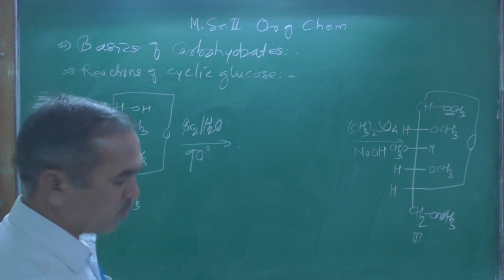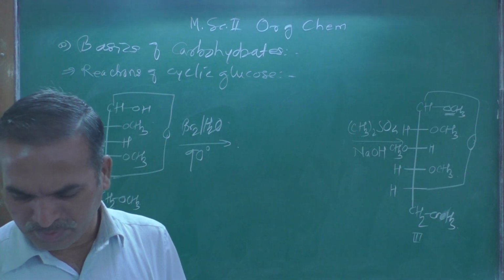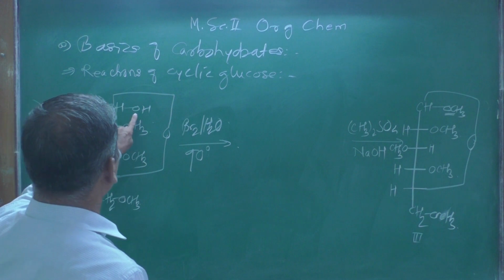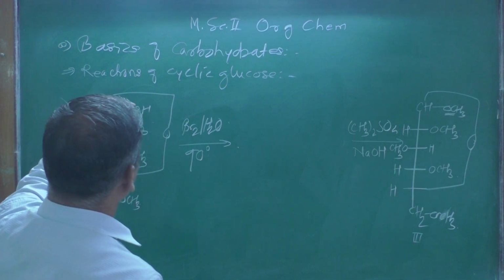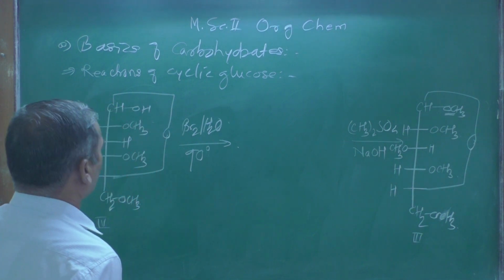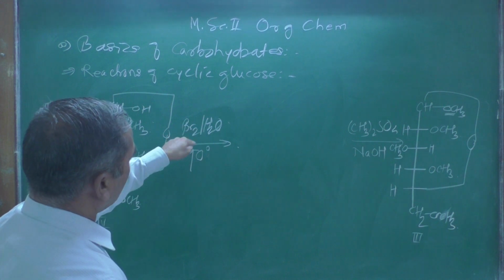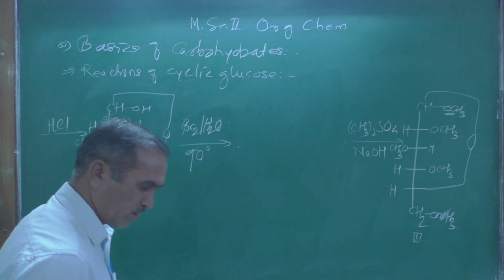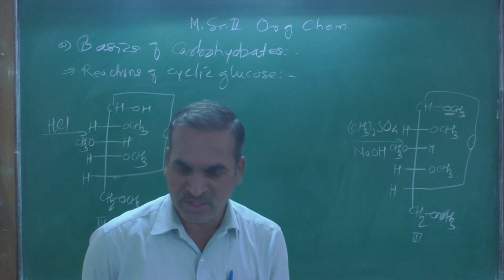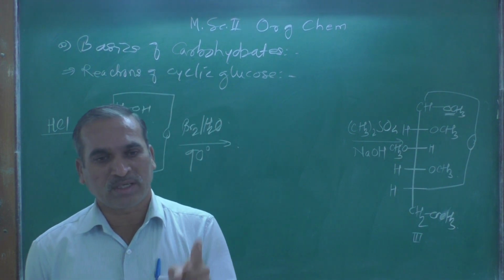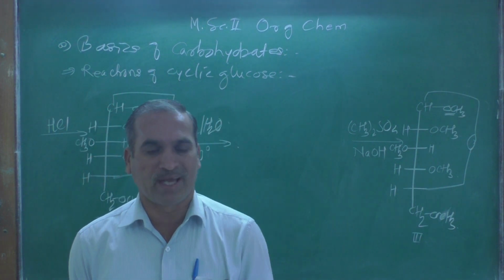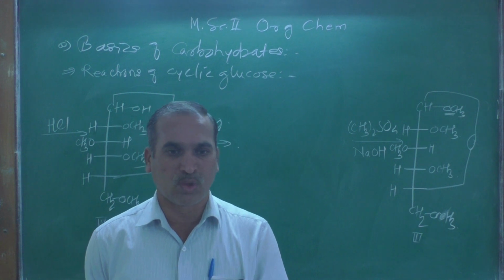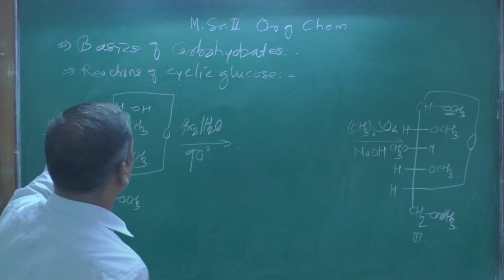What type of product are you going to get? Look at this hydroxy group, this is a secondary alcohol, and Br2 in presence of water is a mild oxidizing reagent. What will it do? It will oxidize the secondary alcohol into the ketone.